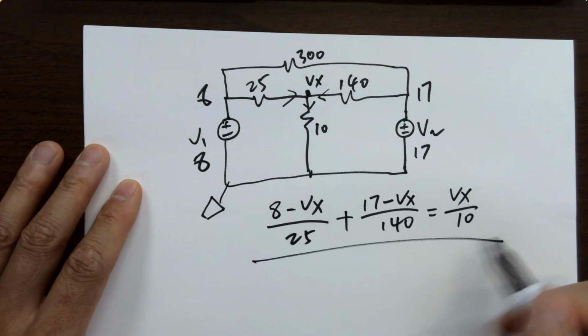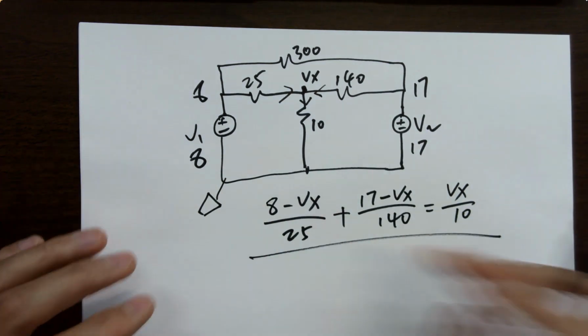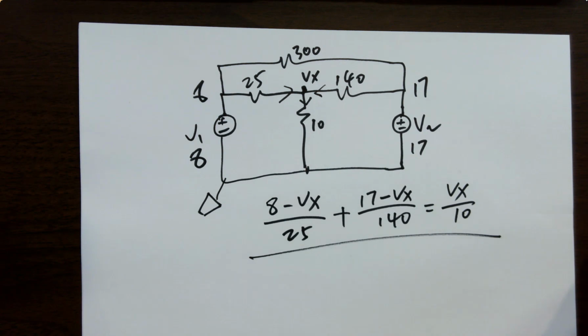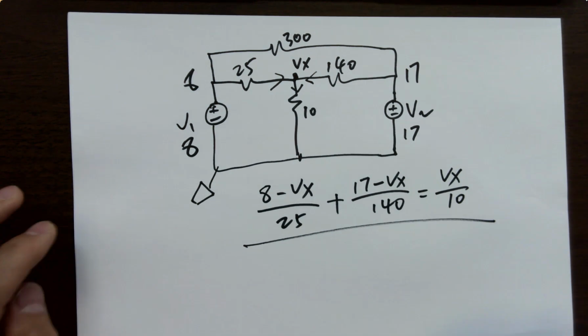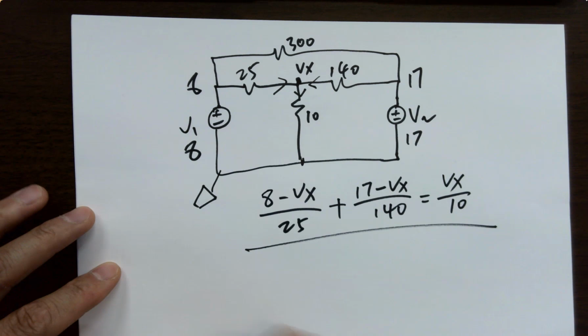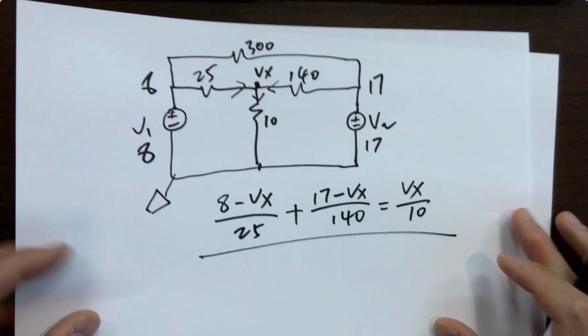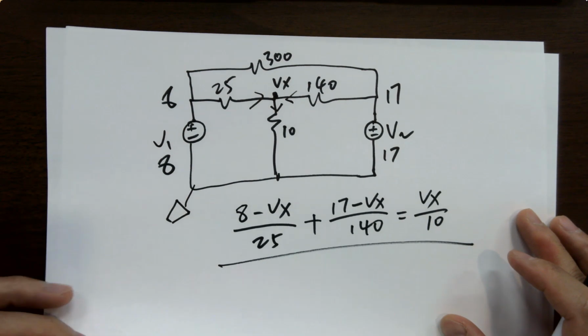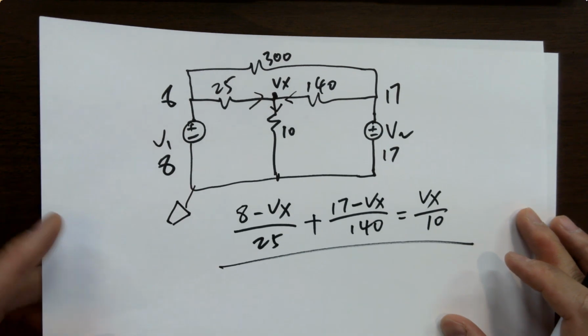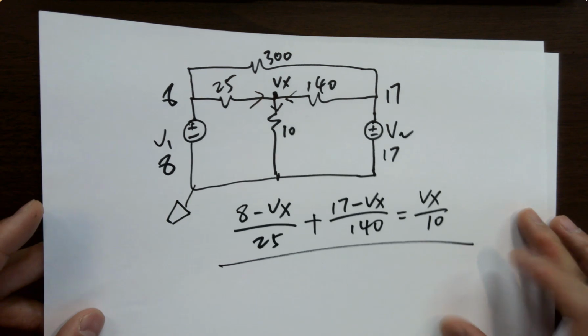Then Vx is calculated. It shouldn't be in tutorial 4. It should be in tutorial 1 actually. Anyway, done. Everything's done. Any questions? Good? Okay, cool.